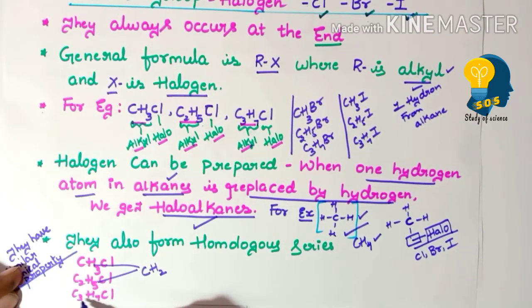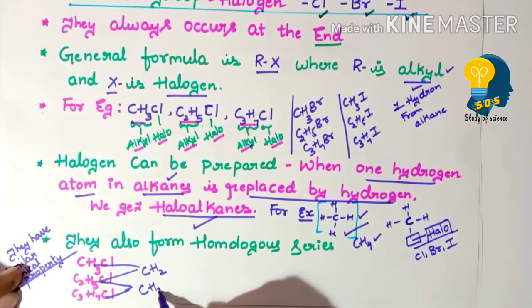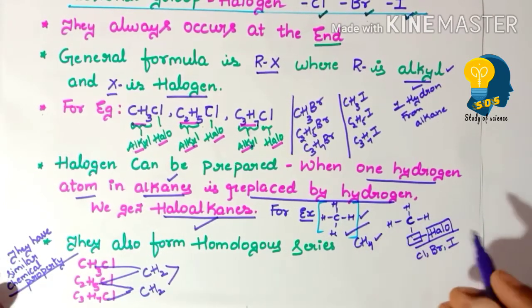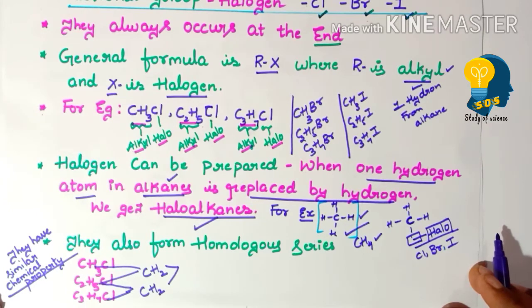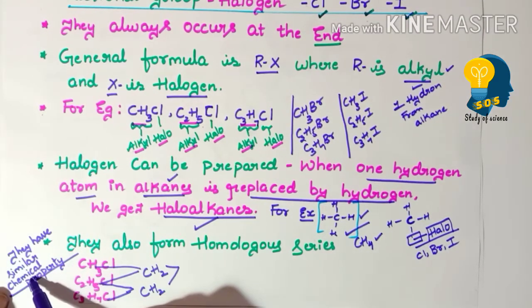C2H5 and C3H7, again one carbon atom and two hydrogen atom difference. There is a difference of CH2 in the succeeding member. Hence, halogen also forms the homologous series when we write it in order. And all these homologous series have similar chemical properties.